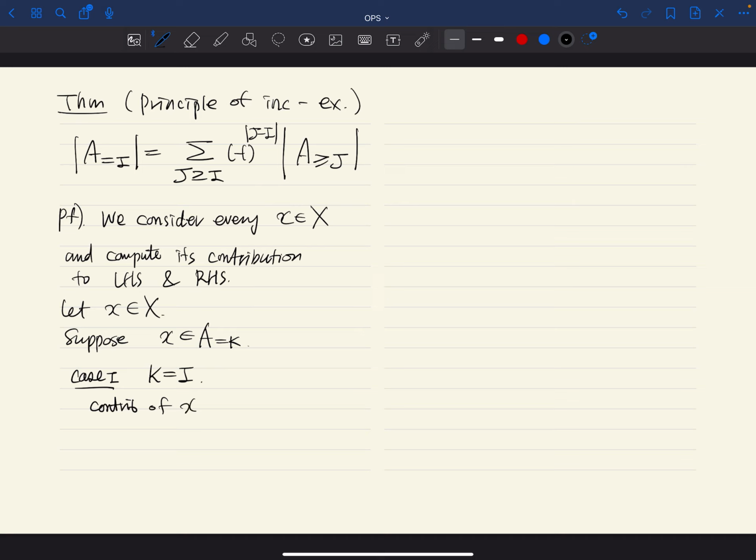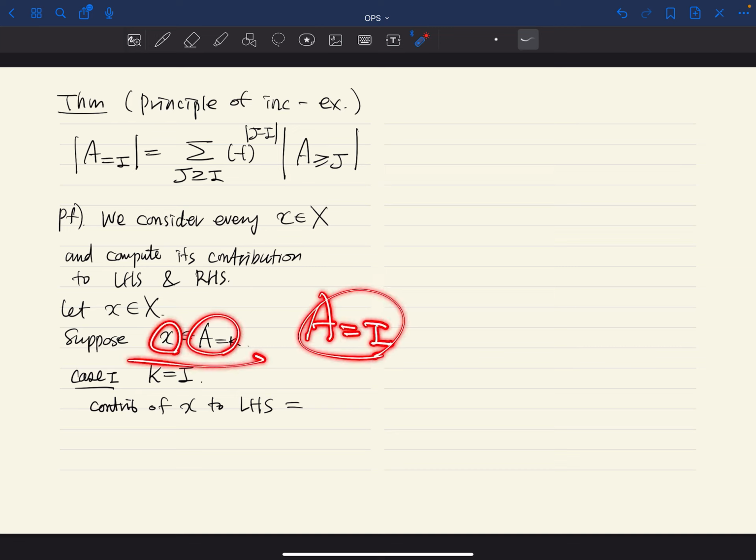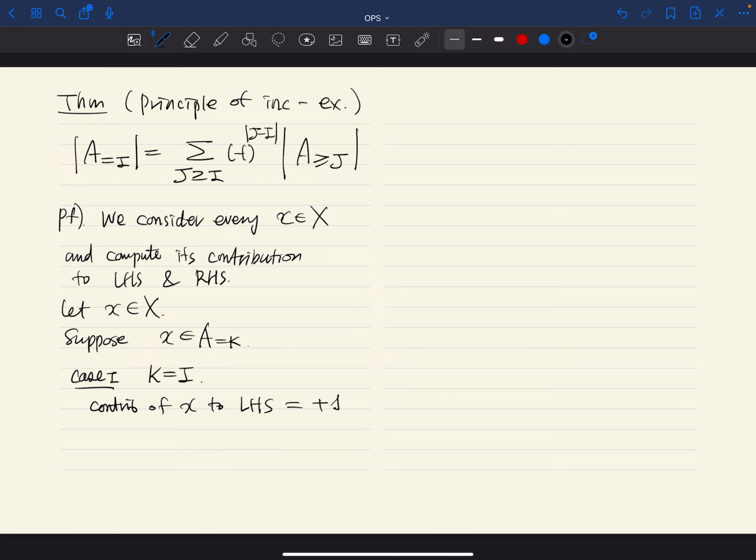Now what is the contribution of x to the left-hand side? X is in A equal I, so it will be counted in this set. So the contribution is plus 1. And what about the contribution of x to the right-hand side? If x is in this set, it will contribute plus or minus 1. But if x is not here, its contribution will be 0.